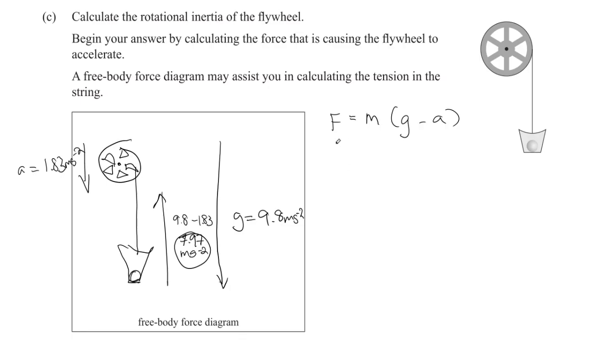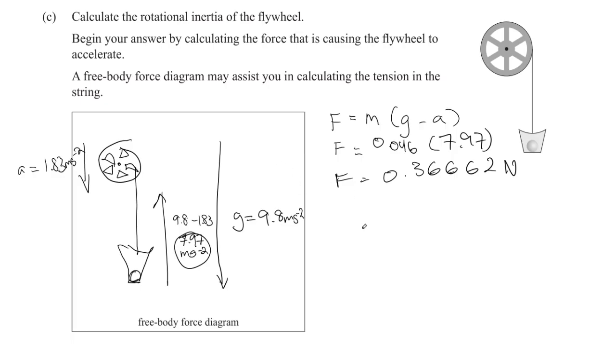F equals 0.046 multiplied by 7.97, and F equals 0.36662 newtons. We're not going to round it, because we need it to calculate the rotational inertia of the flywheel.